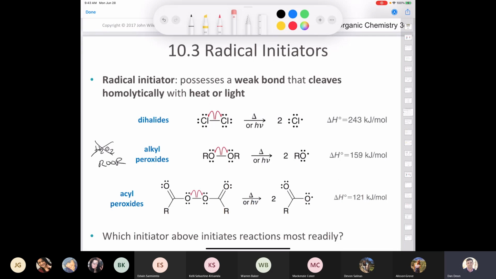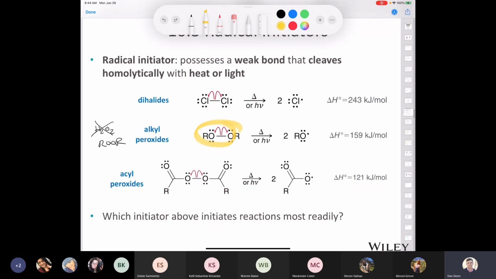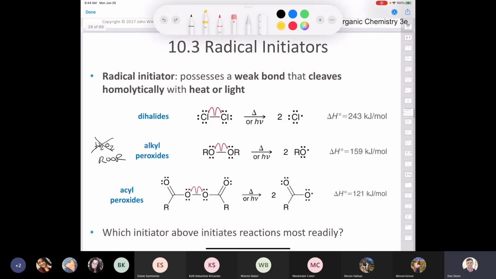But you see how the bond dissociation energy here is significantly lower than that of dichlorine. And if you want something that's even easier to break, you can use an acyl peroxide. So this is kind of a functional group I guess we haven't even seen before, an acyl peroxide. But that breaks even easier, right? The bond dissociation energy is even lower. And the reason why it's going to initiate the reaction most readily is because you end up with a radical that's resonance stabilized, right?